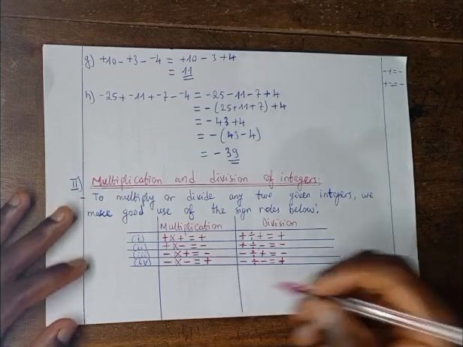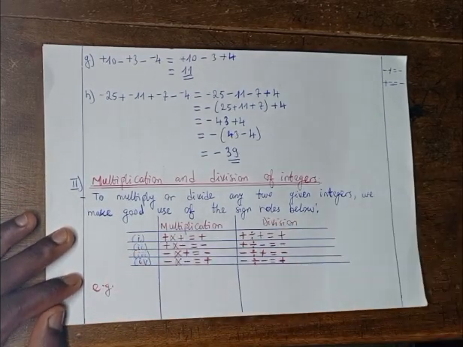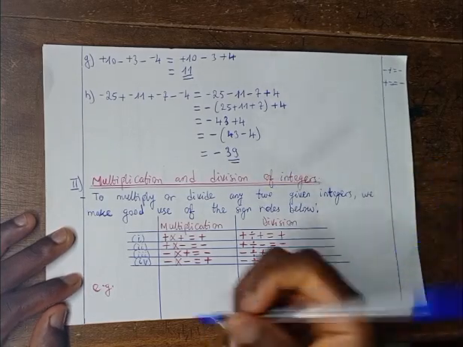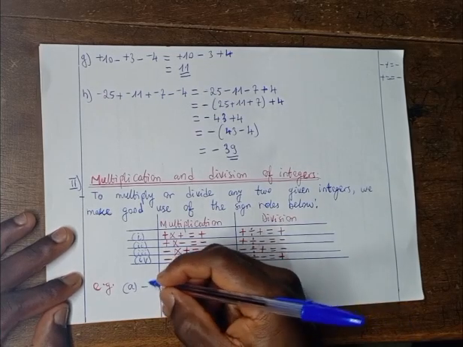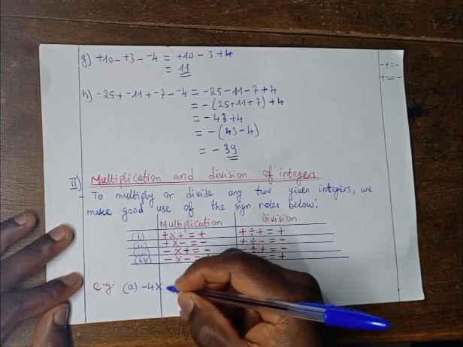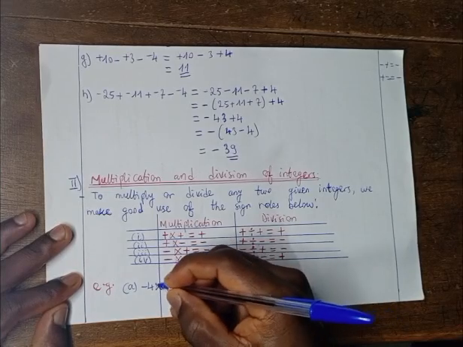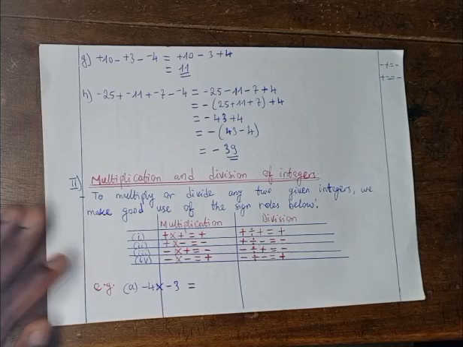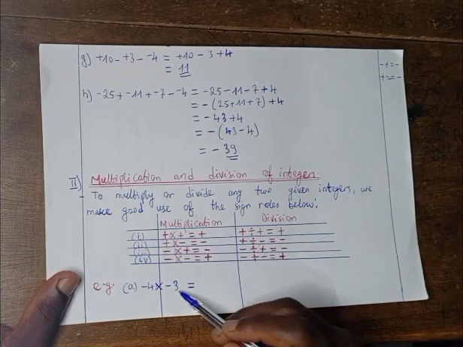Let's take some examples on this. For example A, we have -4 times -3. So this will simply be equal to, here we are multiplying two negative numbers.